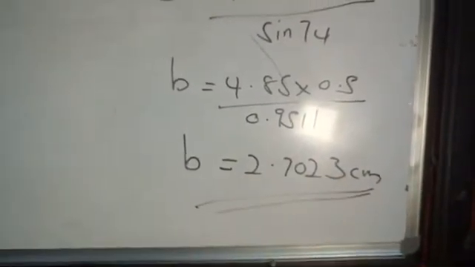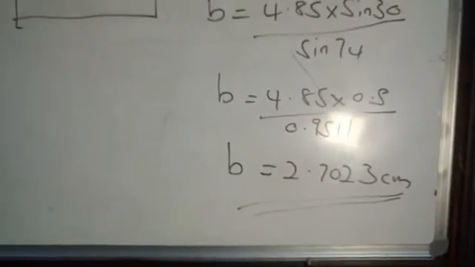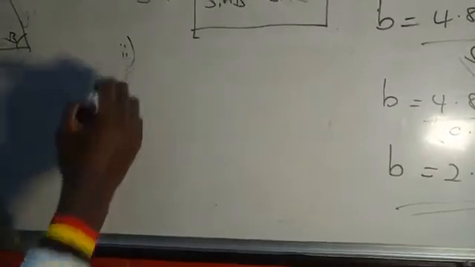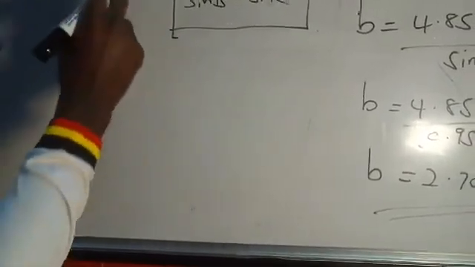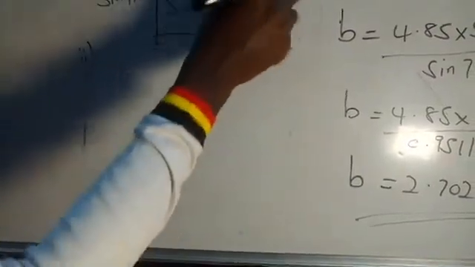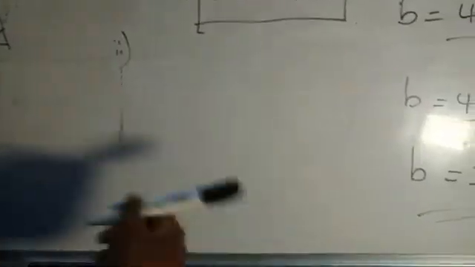So let's go to part 3 of the question to find side a. We can choose a over sine A equals c over sine C, whatever you want.